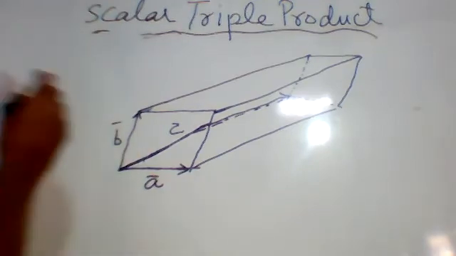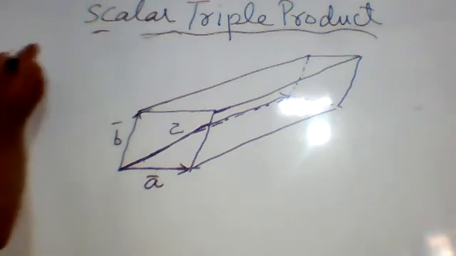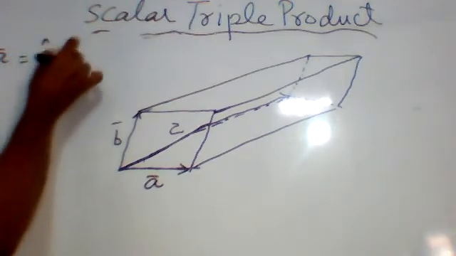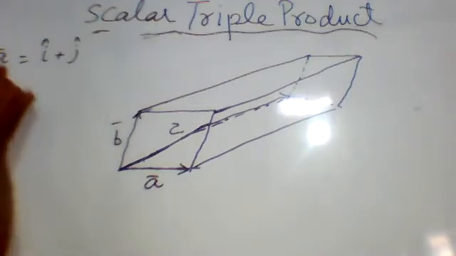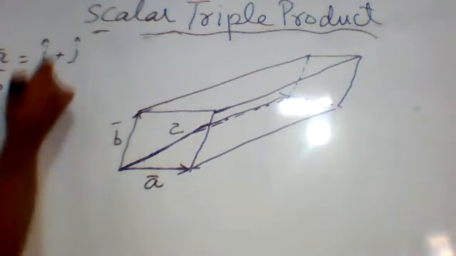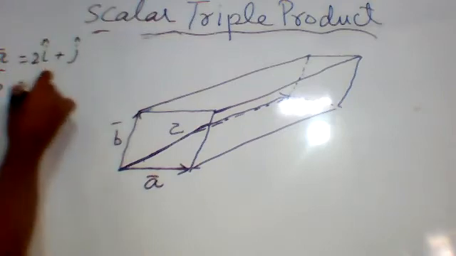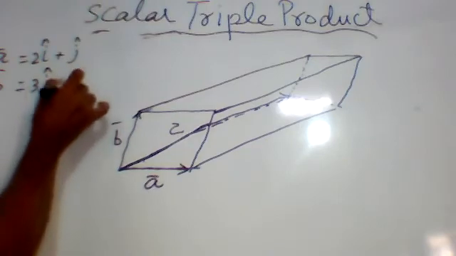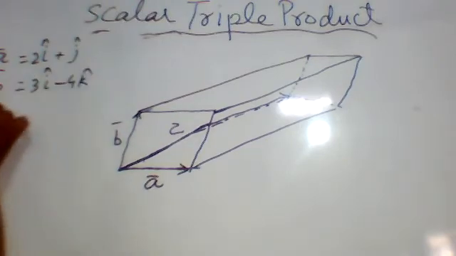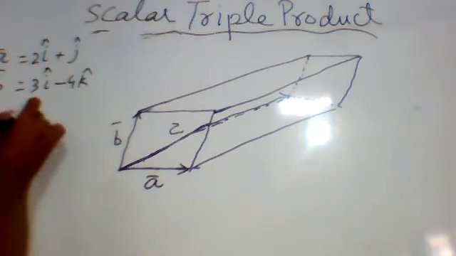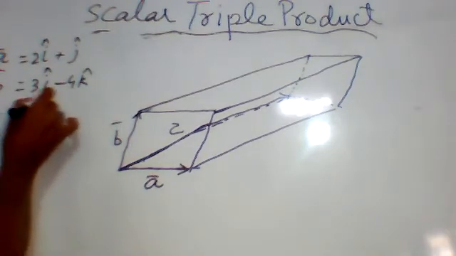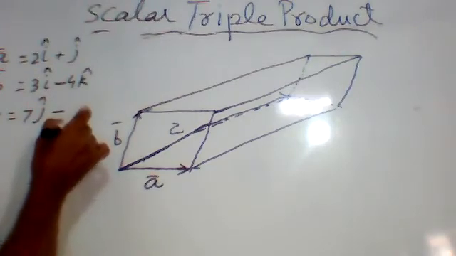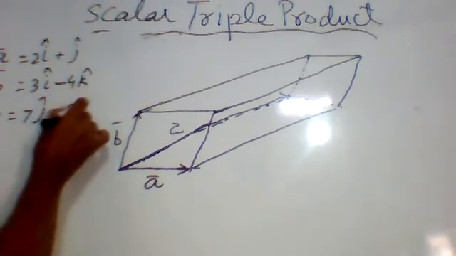Vector A is equal to, I'm writing over there, 2i plus j. Vector B is equal to 3i minus 4k, and vector C is 7j minus 8k.